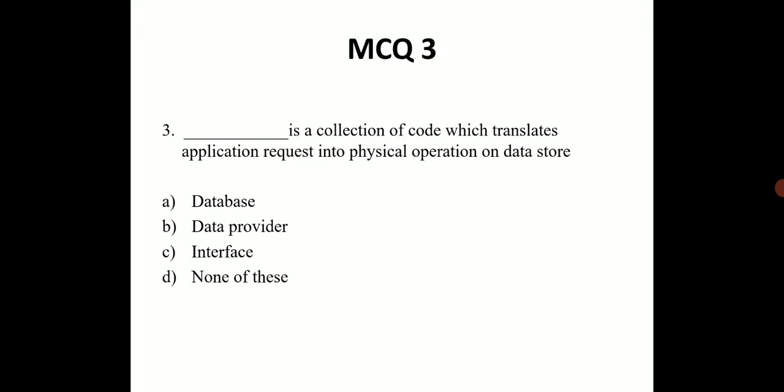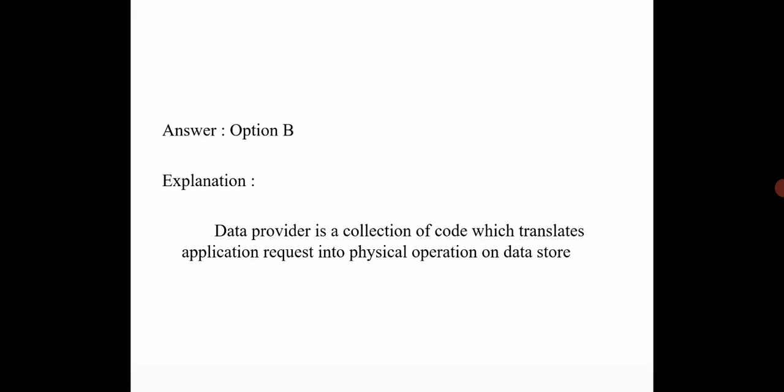Third, a dash is a collection of code which translates application requests into physical operations on the data store. Database, data provider, interface, none of these. So data provider is a collection of code which translates application requests into physical operations on the data store.